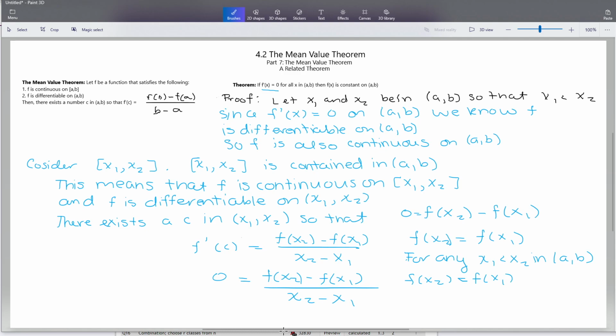That all of the y values are equal to one another. Okay? So that is the proof of that theorem. Okay?